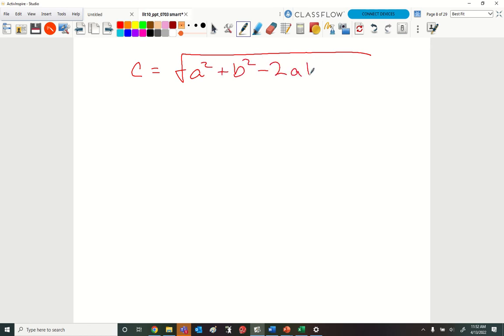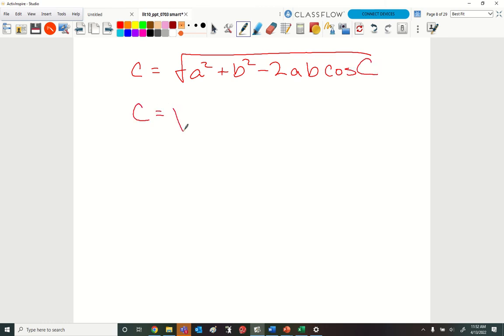So little c is equal to the square root of a squared plus b squared minus 2ab cosine of big C. Let's plug in.